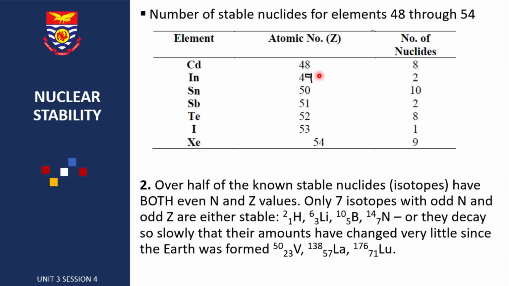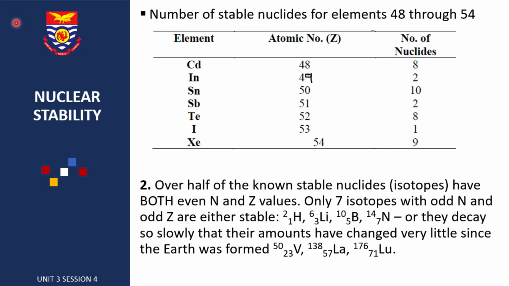You realize from the table that cadmium has an atomic number of 48, and 8 of the isotopes or nuclei that it forms are stable, and the same is done for the remaining elements through to xenon, Xe, which has atomic number 54, or 54 protons, and 9 of the isotopes or nuclei that it forms are stable.